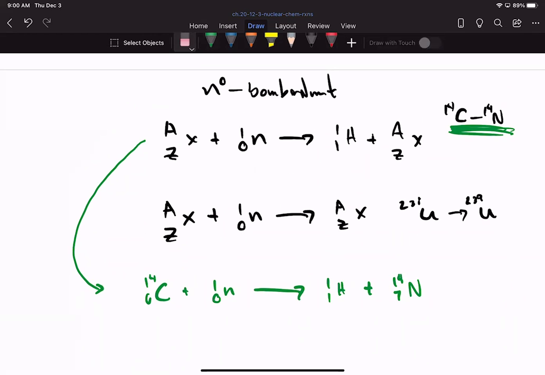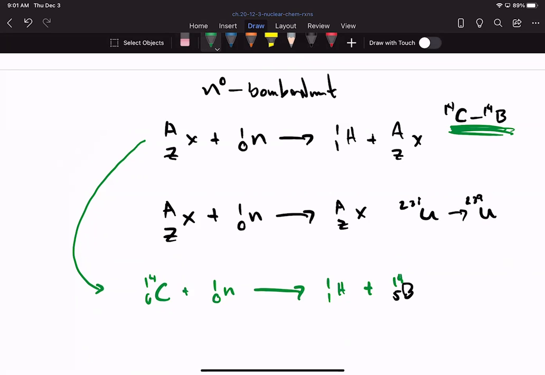So let's go with boron 14, which is atomic number 5.